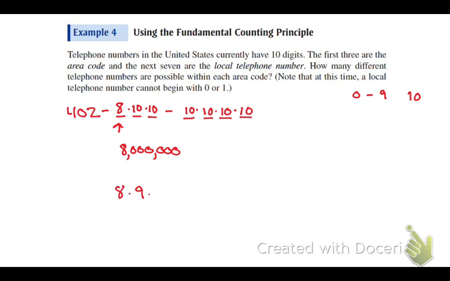What would the next number be? 8. Yep. And next? 7. Next? 6. Next? 5. Next? 4. So you'd have to take 8 times 9 times 8 times 7 times 6 times 5 times 4.